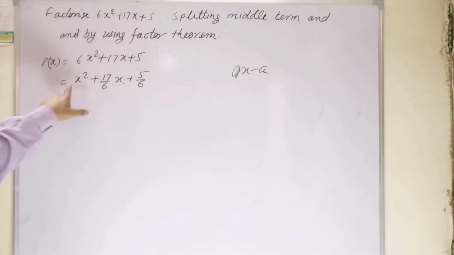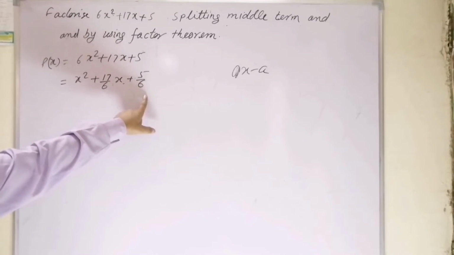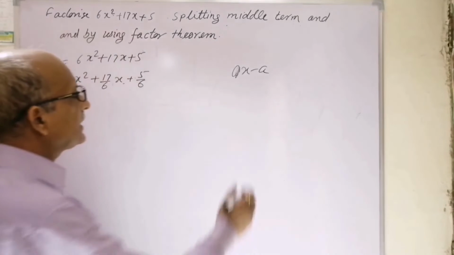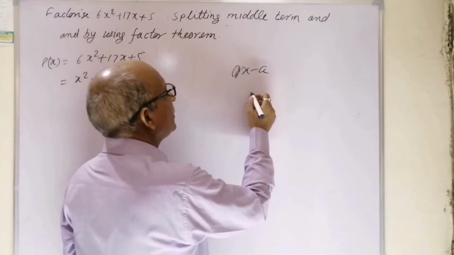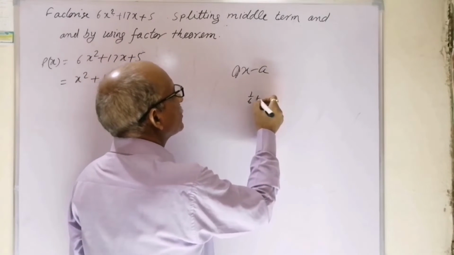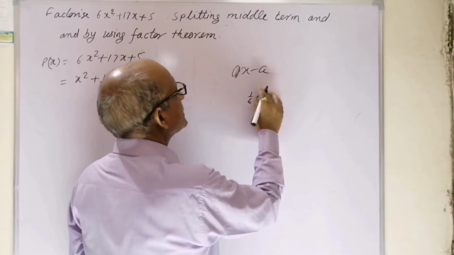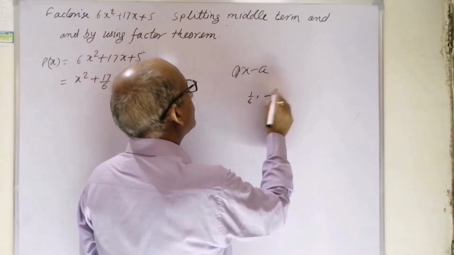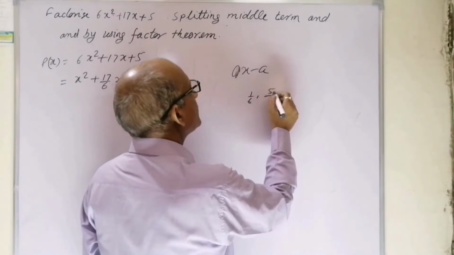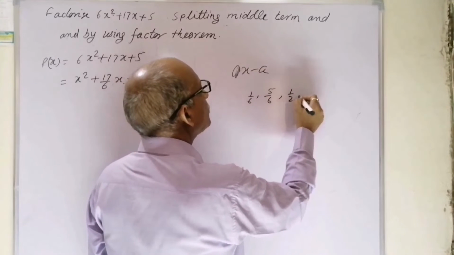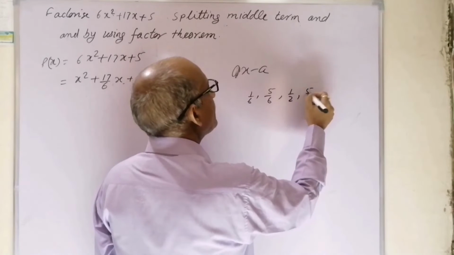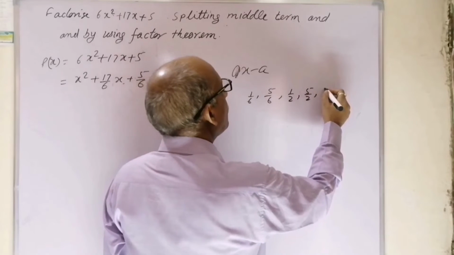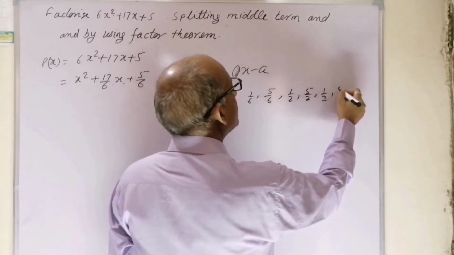Because here it is 1 into 5 upon 6, we'll again take the factors of 5 upon 6: 1 upon 6, 5 upon 6, 1 upon 2, 5 upon 2, 1 upon 3, 5 upon 3.